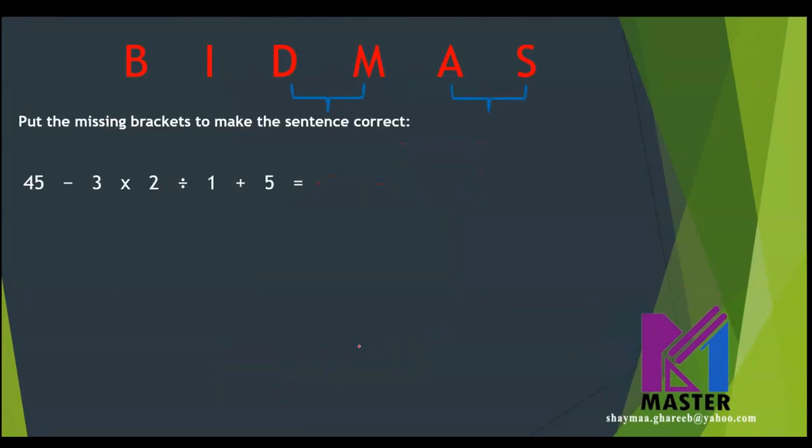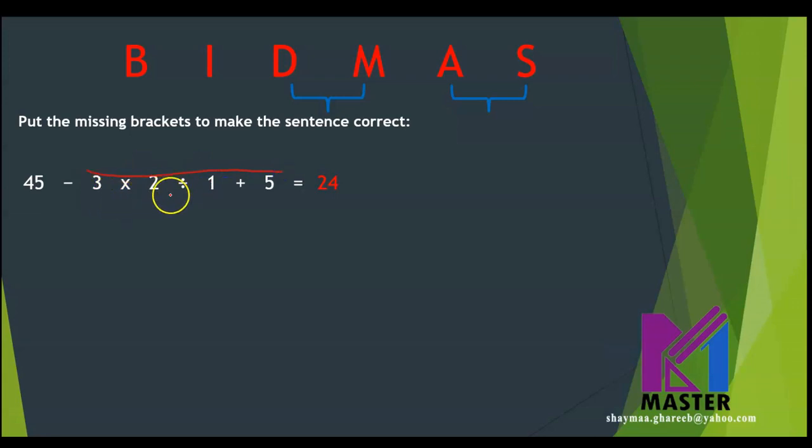Now, our last question. We need this sentence to give 24. So 45 minus what gives you 24? What do you think? 45 minus 21. So now, can I make all these calculations 21?